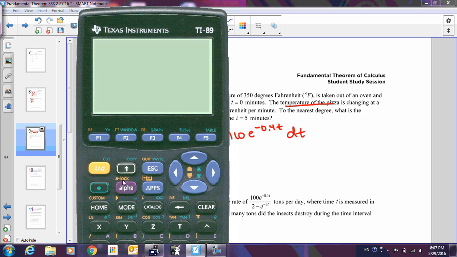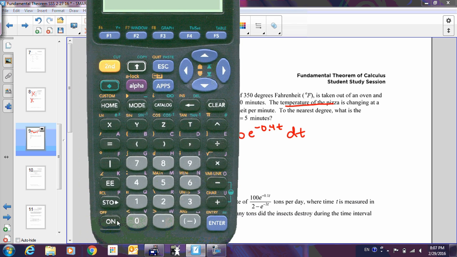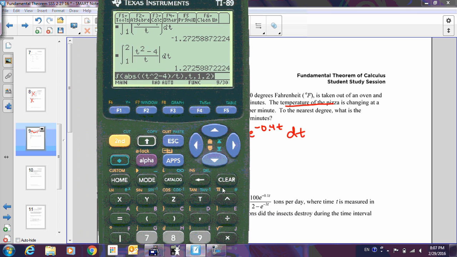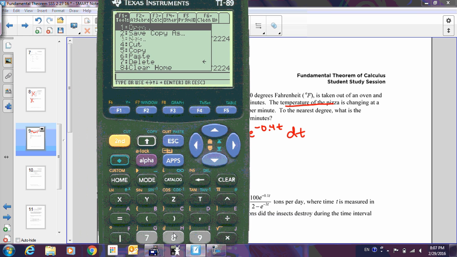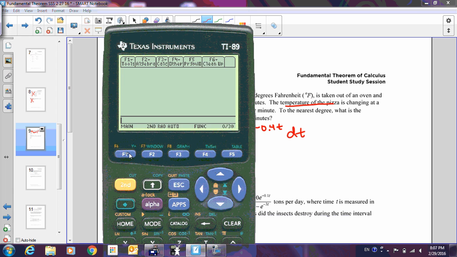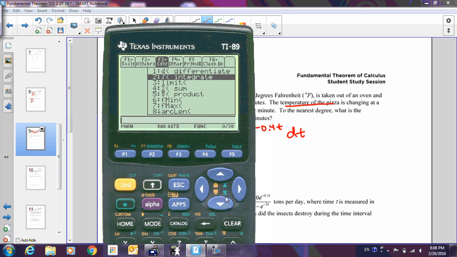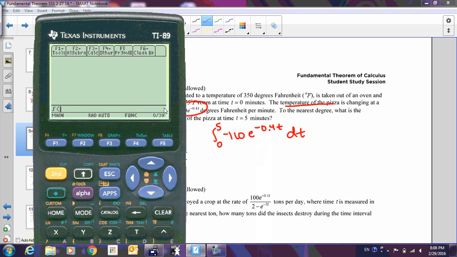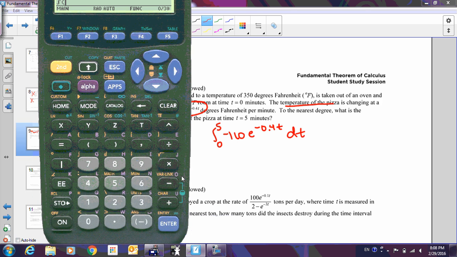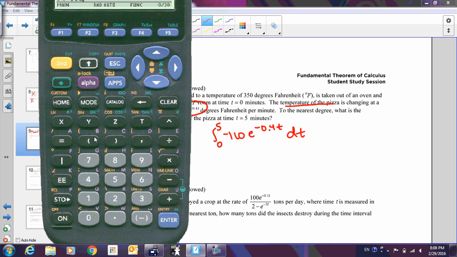And so in our calculator, I'm going to clear some stuff out. It's always just a good idea to kind of clear everything out, clear your variables, all that same stuff. So I'm going to integrate, which was option 2, and then I'm going to integrate negative 110 e to negative 0.4, and you can use t here or you could use x.